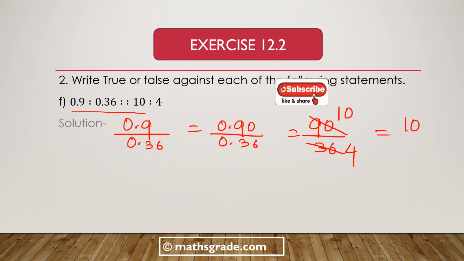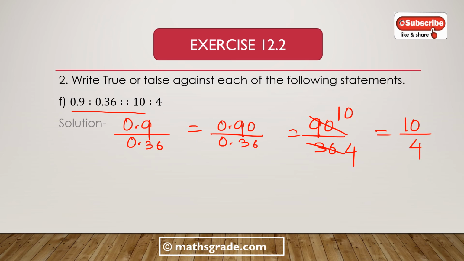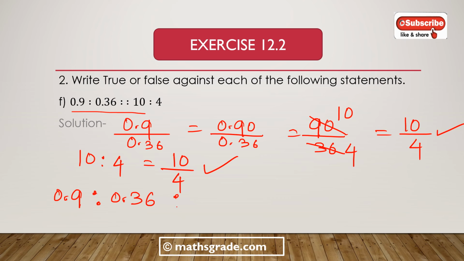That gives 10 is to 4, and 10 is to 4 is 10 divided by 4. So 0.9 is to 0.36 is proportional to 10 is to 4. This is true.